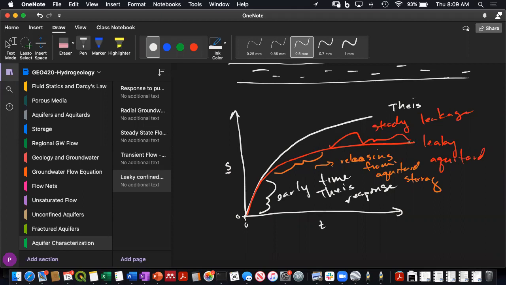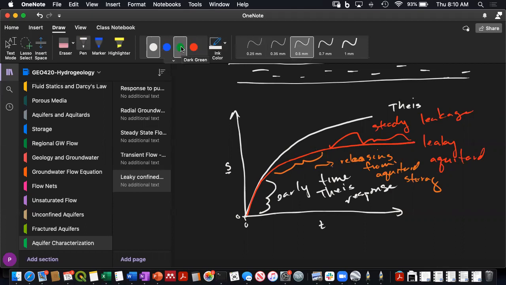And then we get to steady state leakage, where the leakage out of the aquitard is enough to supply our pump, and we have essentially no more drawdown in our well. This transition period, highlighted in orange, may be long and drawn out like I've drawn it here, or it could be very fast.